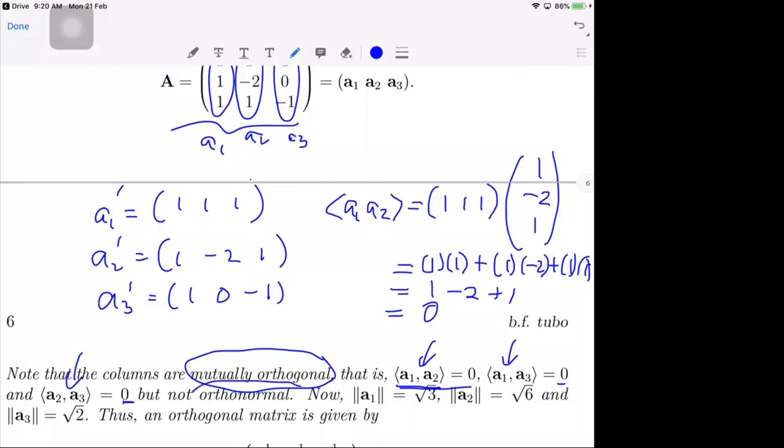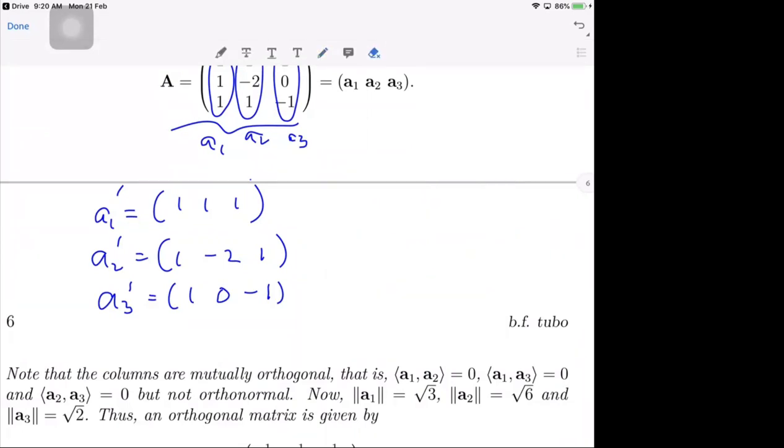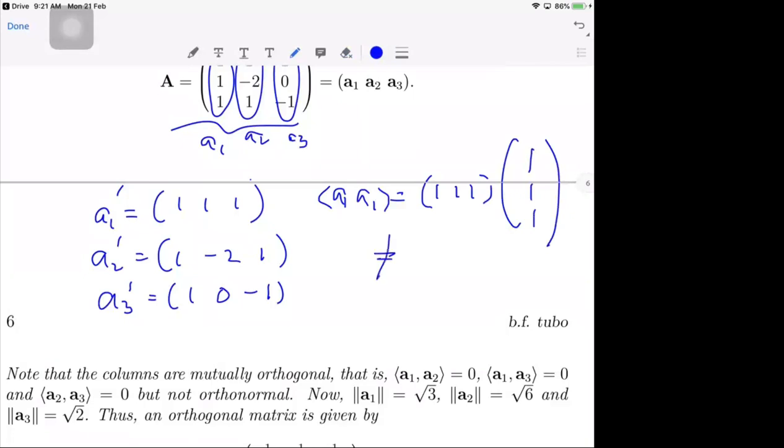But it's not orthonormal, because when you get the inner product of A1 on itself, which is just 1, 1, 1 with 1, 1, 1, that is not equal to 1. Actually, it is equal to 3.